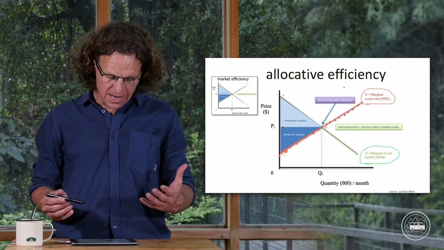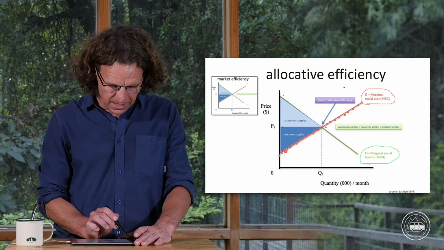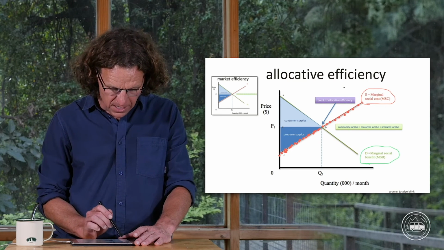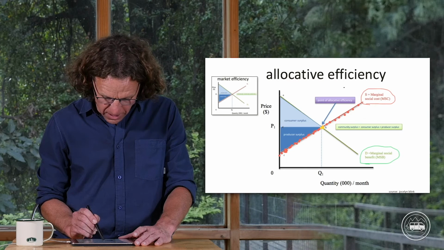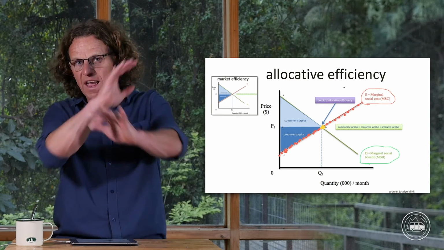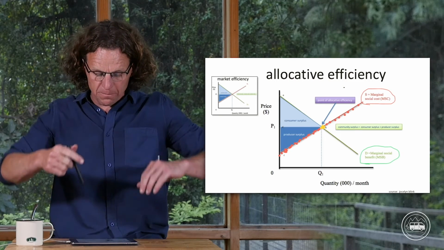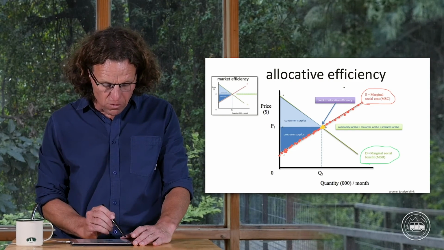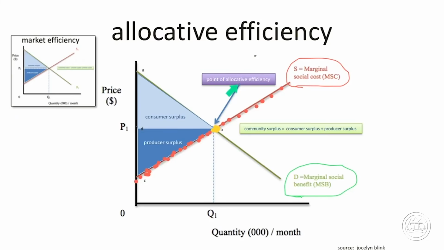So if you understand that, then you realize that this point right here, the P1, Q1 point, the handshake, the market equilibrium, is for society the point of absolute perfection in the efficiency of allocating resources.